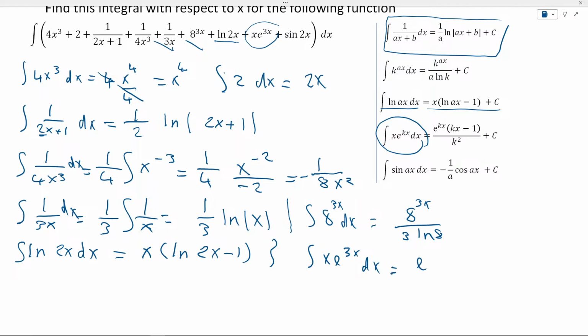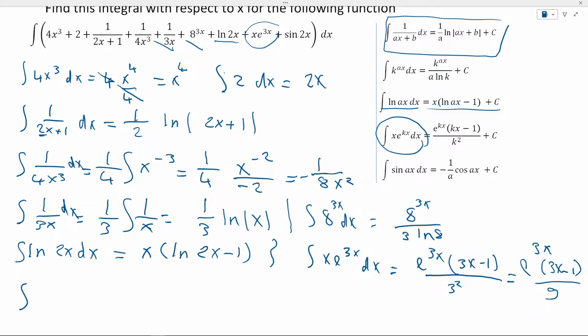That would be equal to e to the power 3x over k, where k is 3 here, so e to the power 3x divided by 3. Something like this.